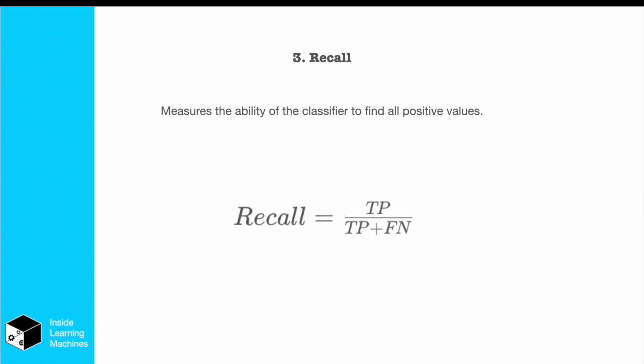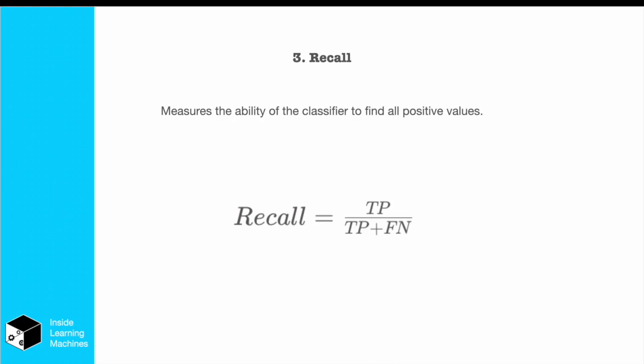Recall is the third metric we are considering. Now this measures the ability of the classifier to find all positive values. So all classes, or all samples that are labeled with a 1 in our case. Now recall is computed by taking the number of true positives and dividing that by the number of true positives plus false negatives.